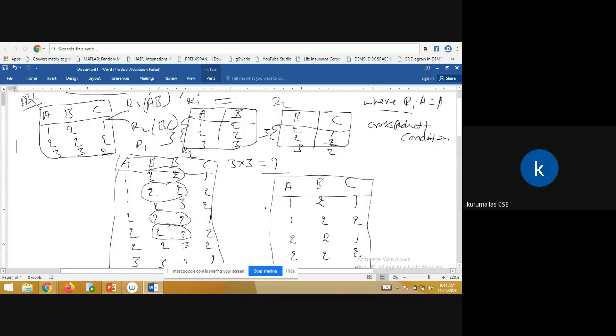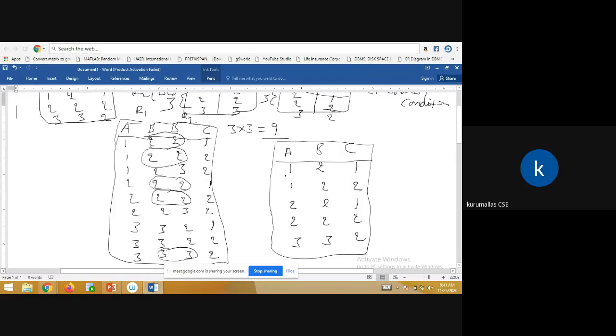Here there are 5 rows. If you compare these two, the resultant output has two more rows that are extra, right? What are the two extra rows? 1 to 1 is there, 2 to 2 is there, and 3 to 3 is there. So 1 double 2.